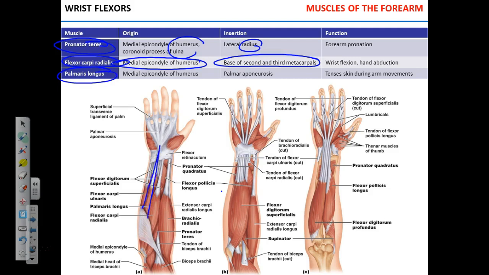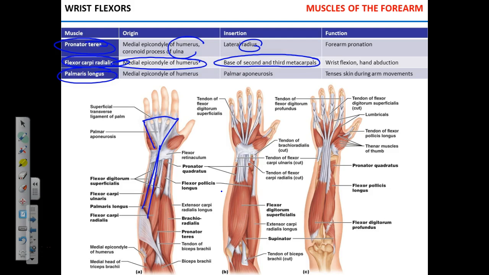Next muscle, palmaris longus. You can see palmaris longus attached to the structure called palmar aponeurosis. On here, palmaris longus is cut on the model. It is number 14. You see the ligament of palmaris longus running to the wrist and is cut right there, so the palmar aponeurosis is gone.